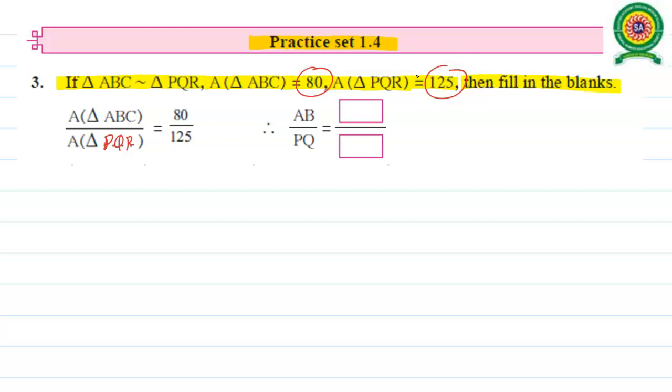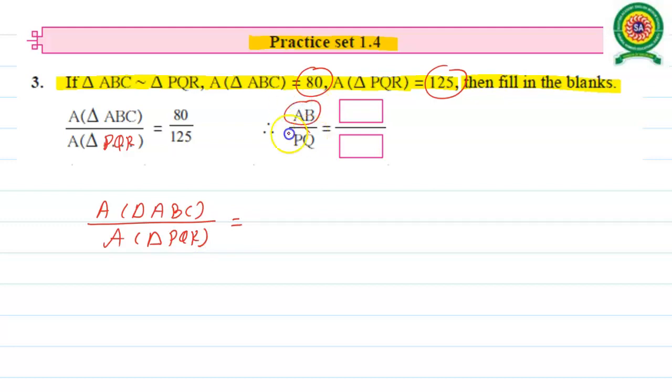By the property, the ratio of areas of two similar triangles equals the ratio of squares of their corresponding sides.